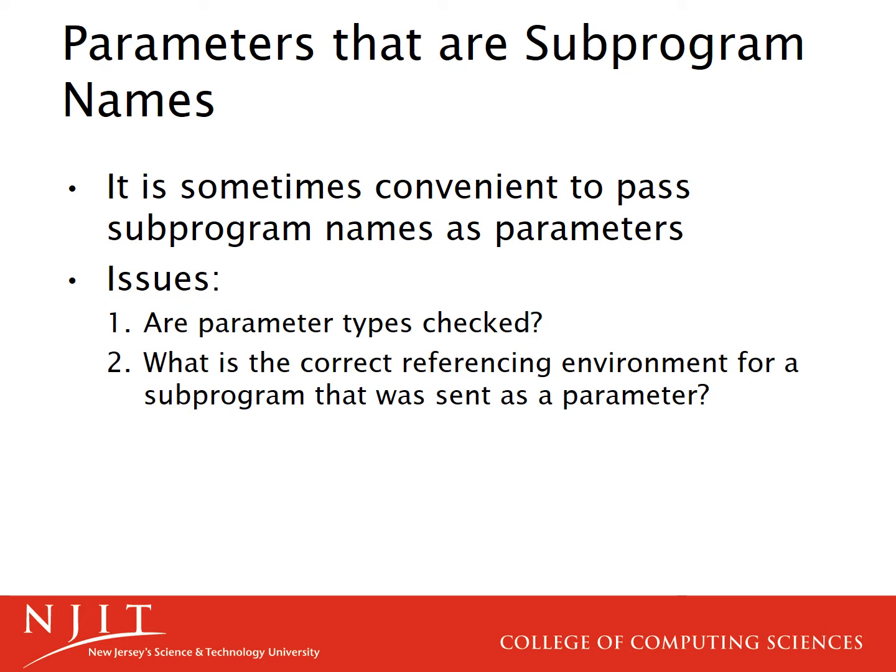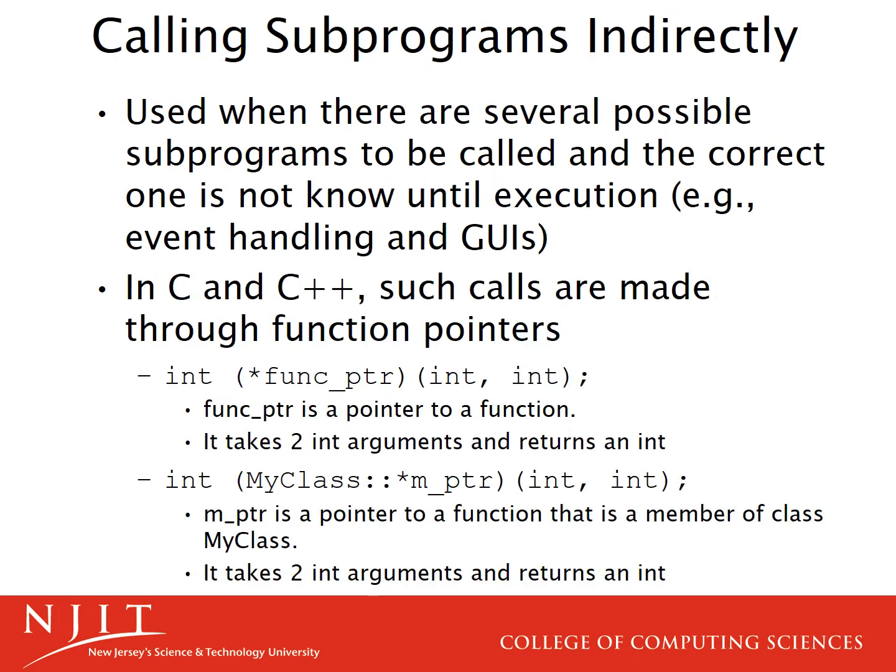Well, the answer is, yeah, it actually can be useful sometimes. And if you do that, you need to figure out type checking for those function parameters, and you need to figure out if you're allowed to call that function. What's the proper referencing environment for a subprogram? The business of passing programs around.